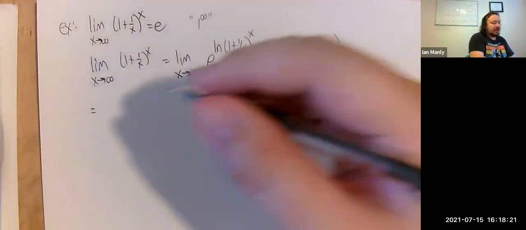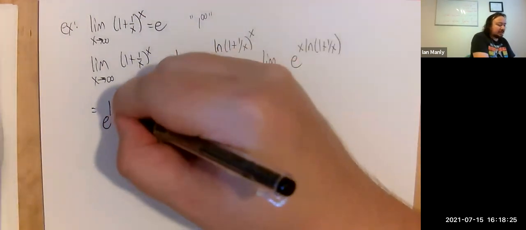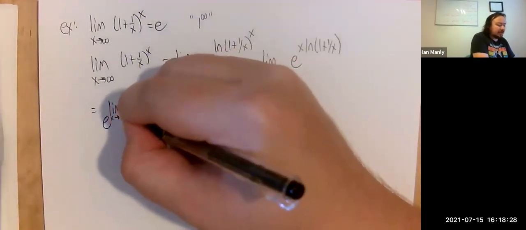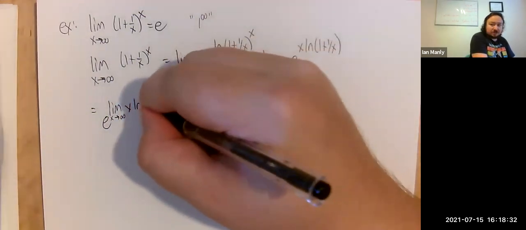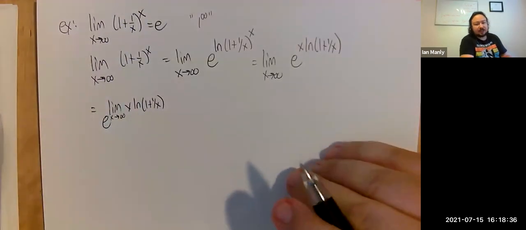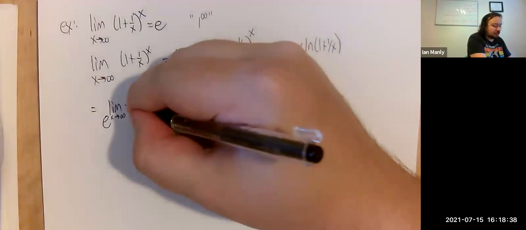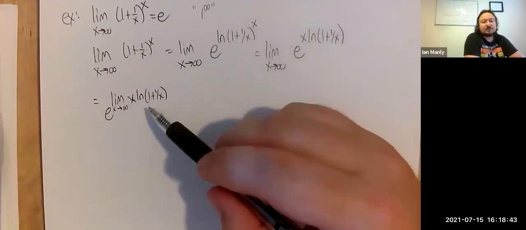Well, the nice thing about e raised to a power is that e is a continuous function. So we can actually move the limit inside the exponent here. And remember, you could do that with any continuous function. So this also works for things like square or cube roots or trig functions or logs, but we're doing it with e in this case.